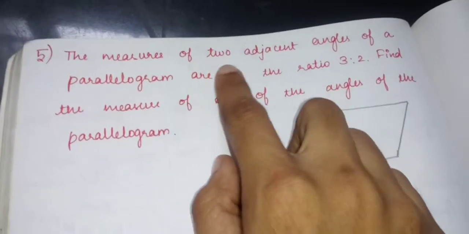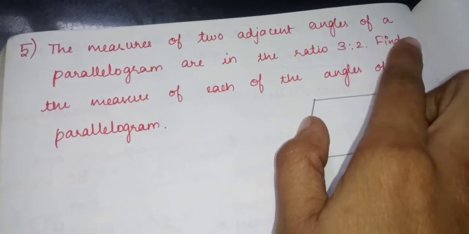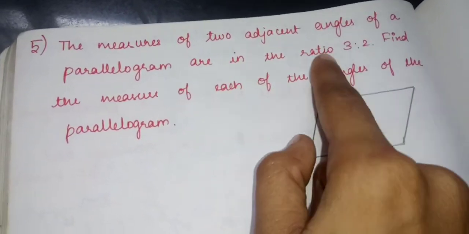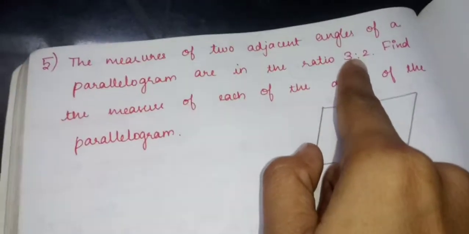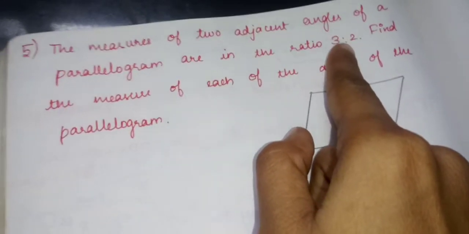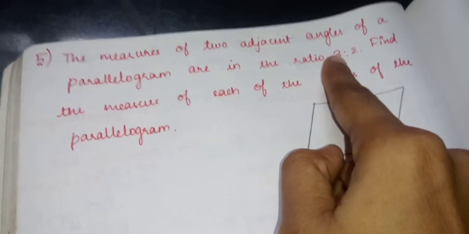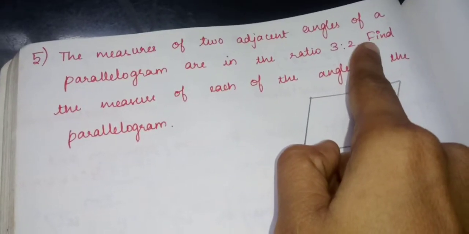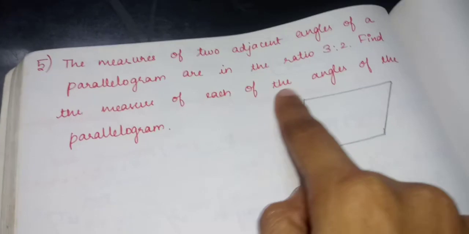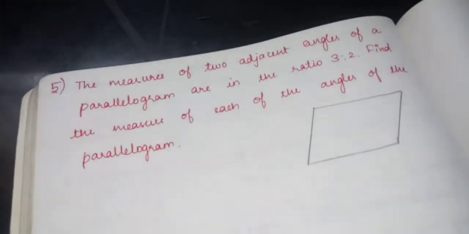Next is your fifth question. The measures of two adjacent angles of a parallelogram are in the ratio 3:2. Now how is the angle measure given? They are given in the ratio 3:2. One angle will be 3x, other angle will be 2x. Correct? Find the measure of each of the angles of the parallelogram.